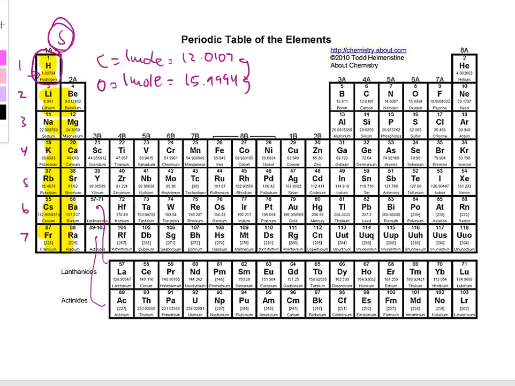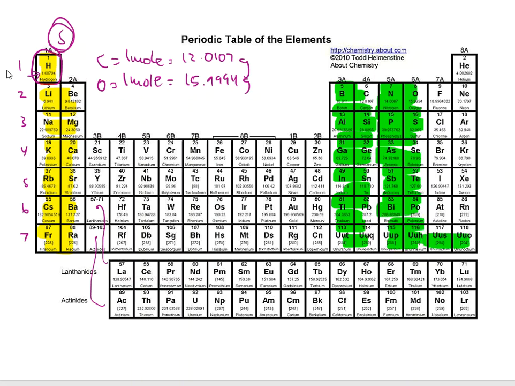Okay, the next one we talked about were P's. So the P's are actually going to be located over here to the right-hand side. All of those are your P blocks, folks, right here.